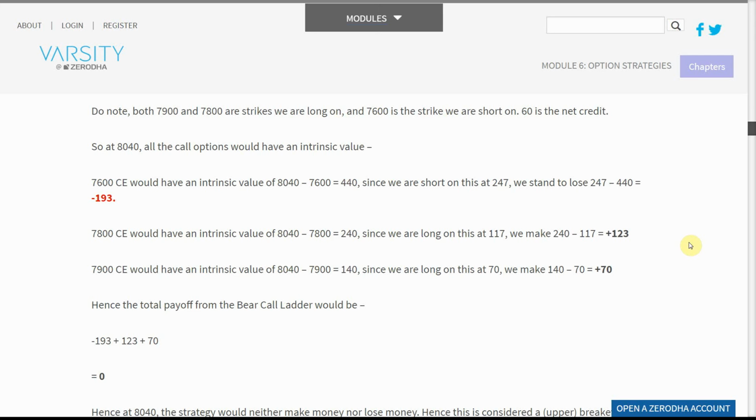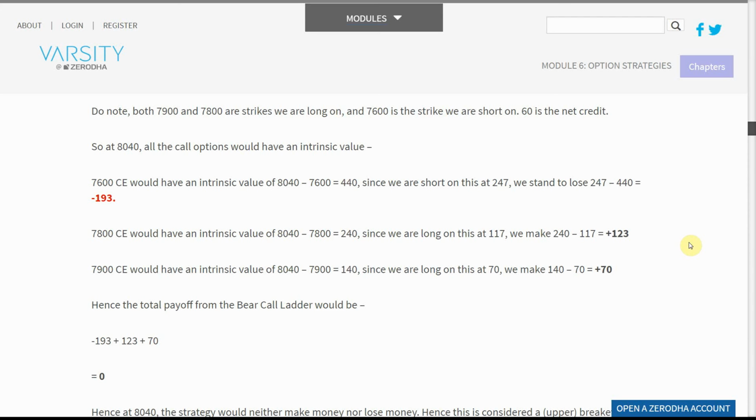7800 CE would have an intrinsic value of 8040 - 7800 = 240. Since we are long on this at 117, we make 240 - 117 = +123. 7900 CE would have an intrinsic value of 8040 - 7900 = 140.